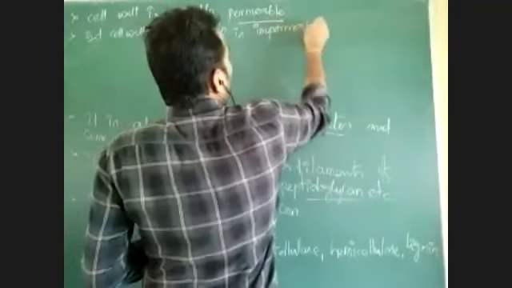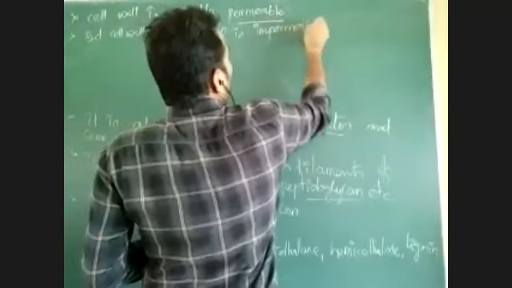This cell wall is formed by protoplasm. What is protoplasm? Protoplasm means cytoplasm plus nucleus. That protoplasm forms the cell wall.